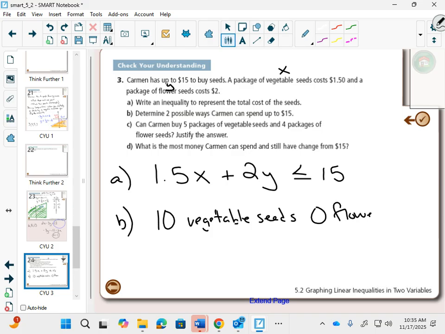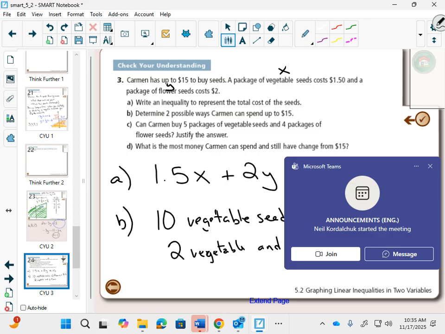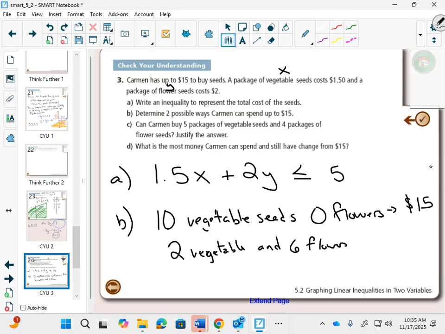She's not going to be very happy, but be very well fed. That'll cost exactly $15. Another possibility. So 2x and 6y. 2 vegetable and 6 flowers. This will cost 12. This will cost 3. That also is perfectly $15.